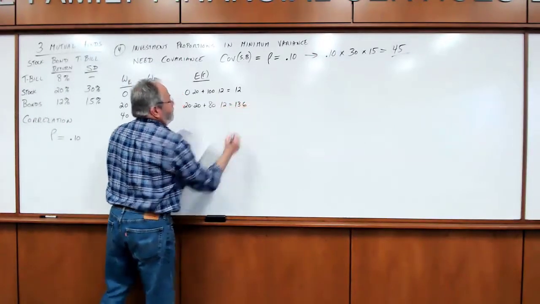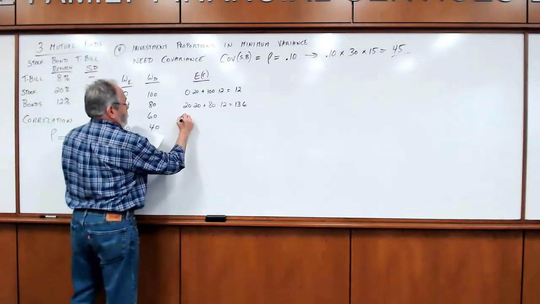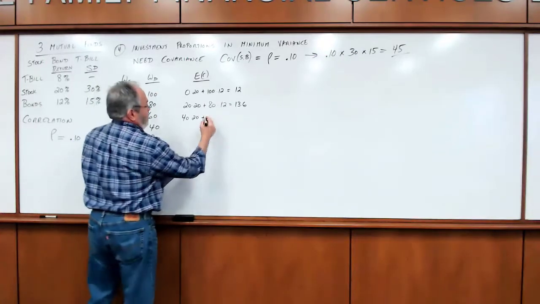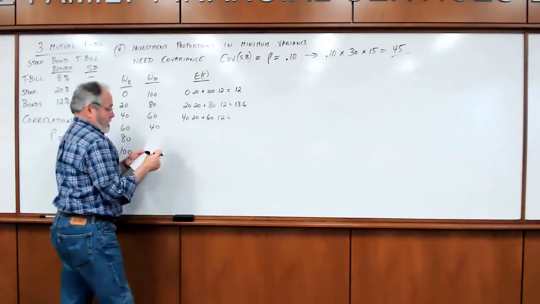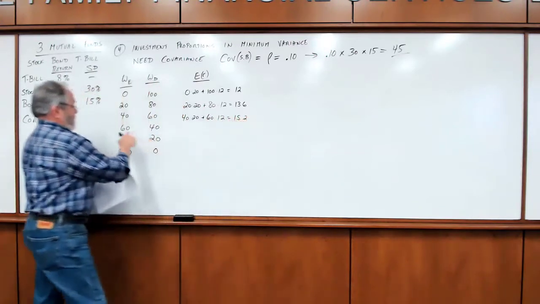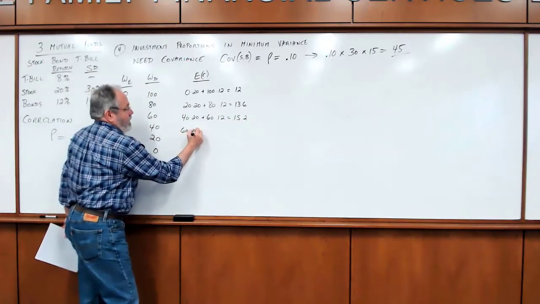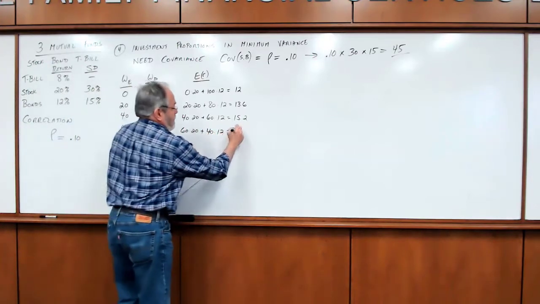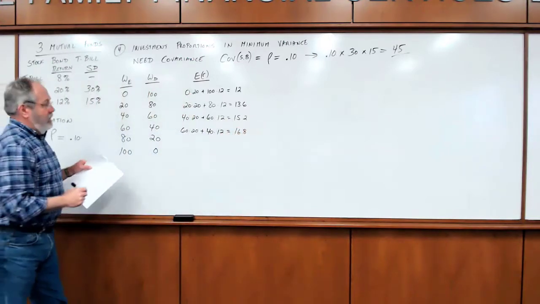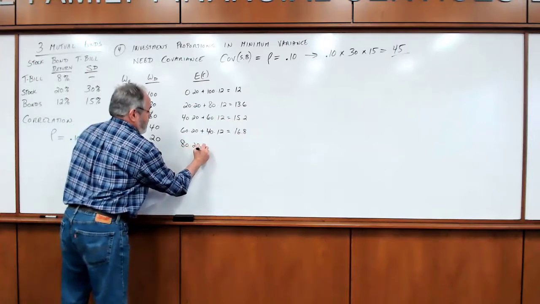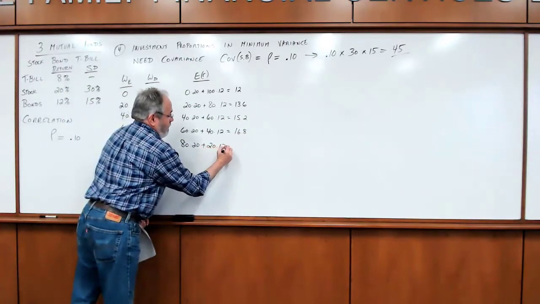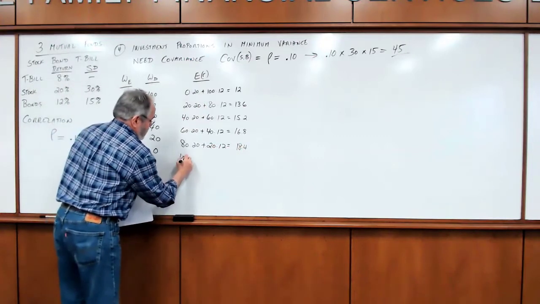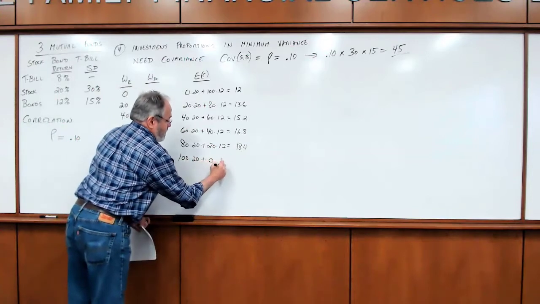This is a 13.6% return. 40 times 20 plus 60 times 12, 15.2. 60, 20 plus 40 times 12, 16.8. 80, 20 plus 20, 12, 18.4%. 100, 20, 0, 12.